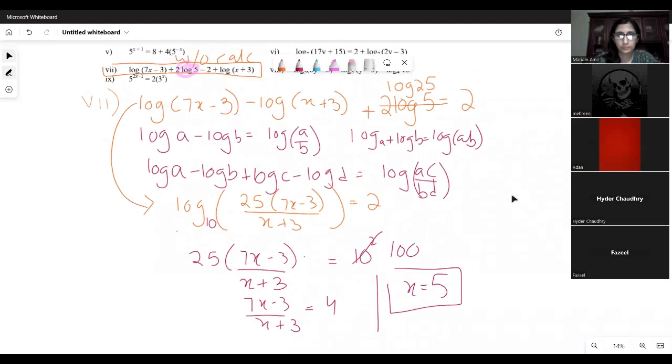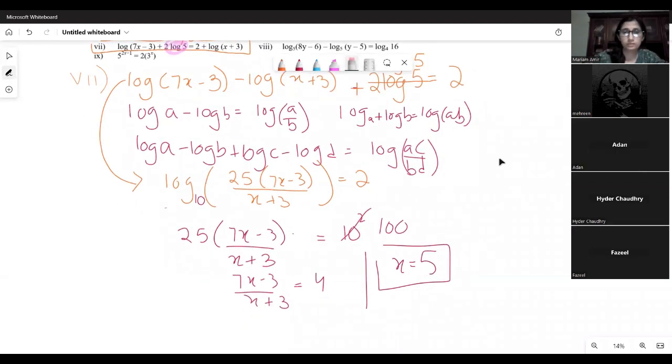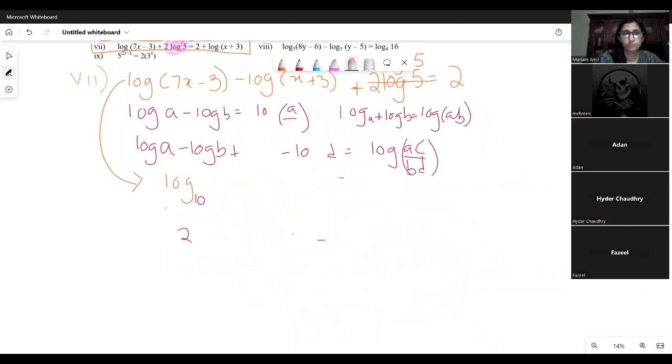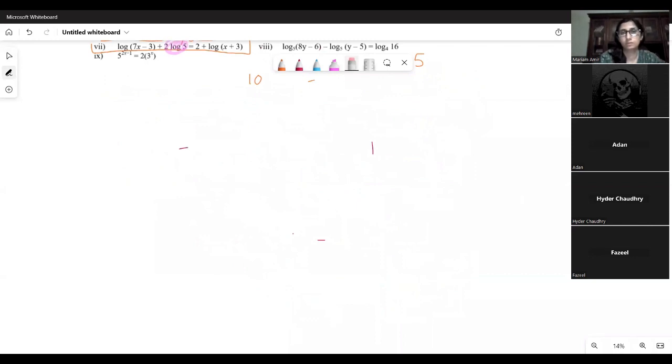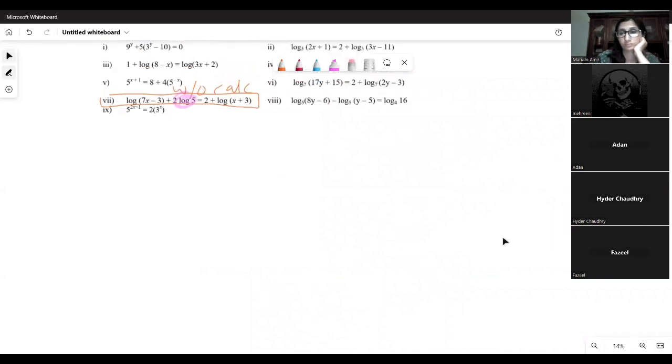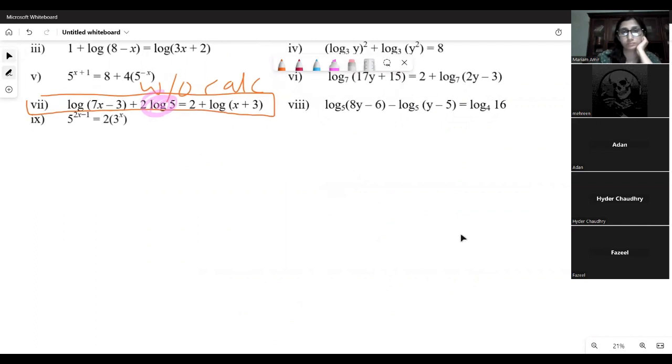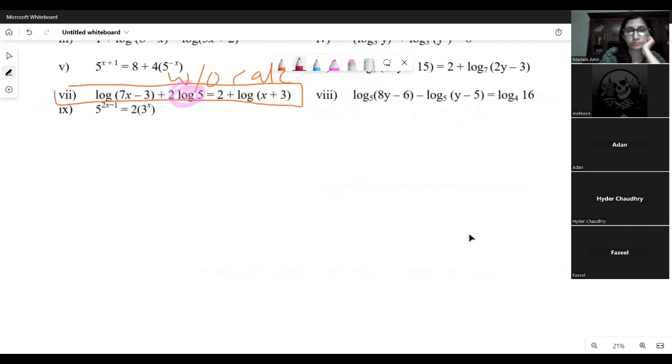Question number 8, part 8. Okay, so the log 5 terms are already on the same side.